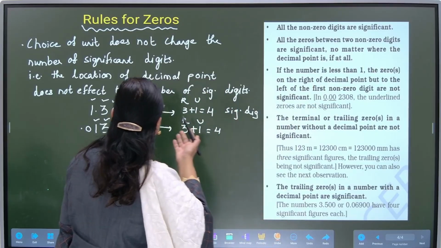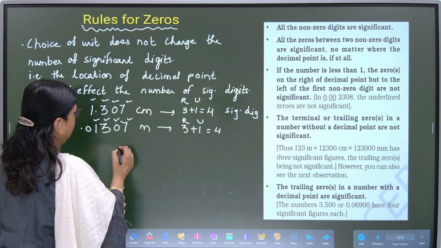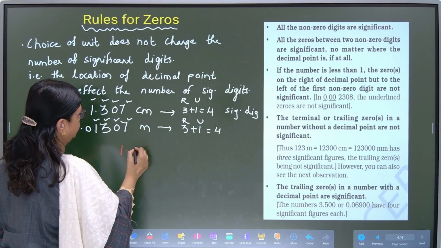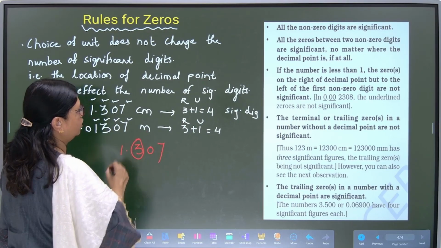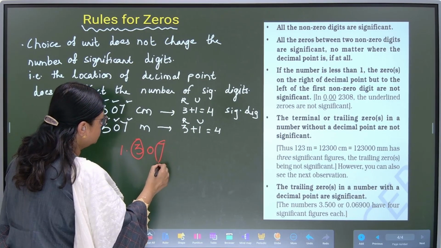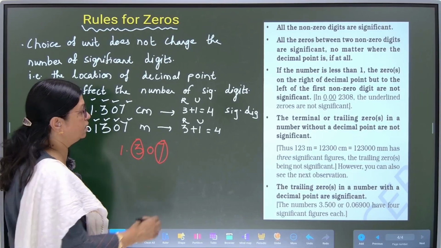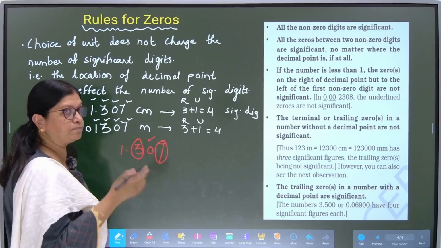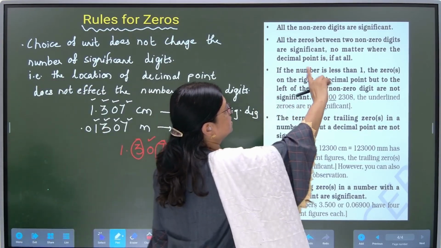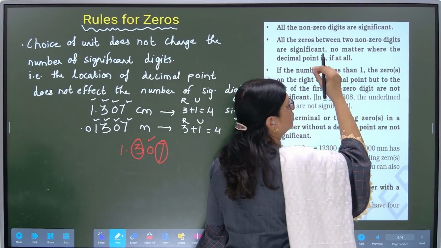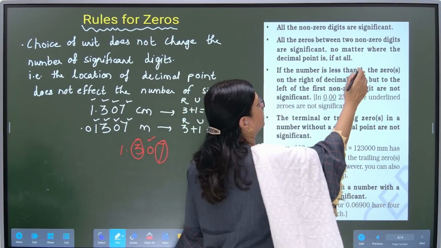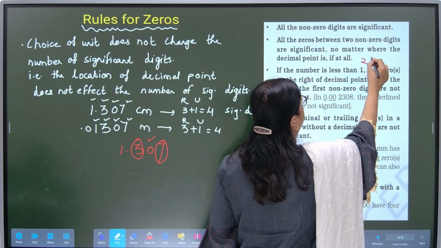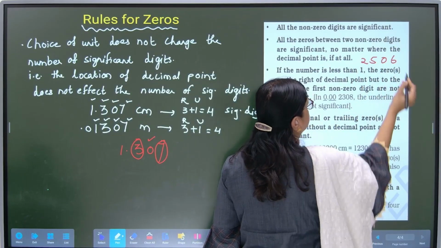So just like here, again I will write the number 1.307. Here you have a non-zero digit. Here also you have a non-zero digit. But this 0 is between two non-zero digits. So that 0 also becomes significant. Example, suppose I take 2506.